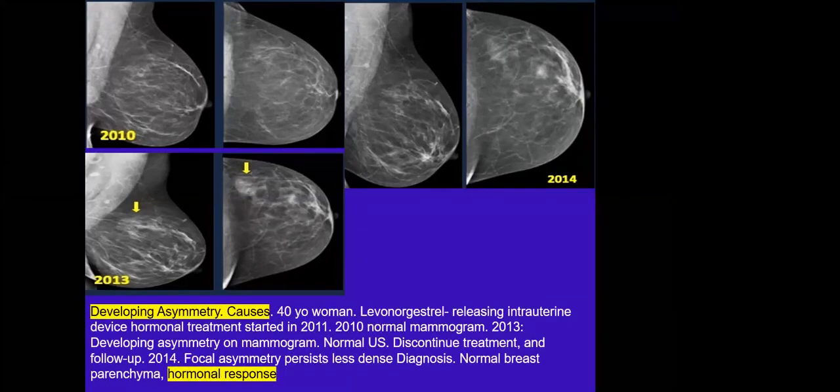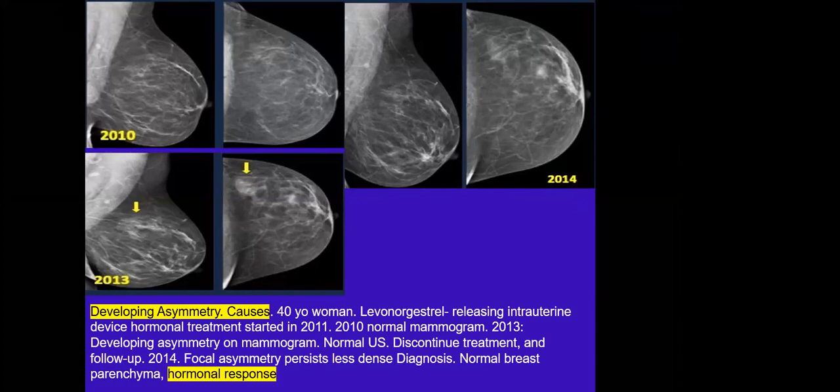So what happened? This woman with the developing asymmetry was using a hormone-releasing intrauterine device. It started in 2011 after the first screening, and then the 2013 mammogram demonstrates the developing asymmetry.